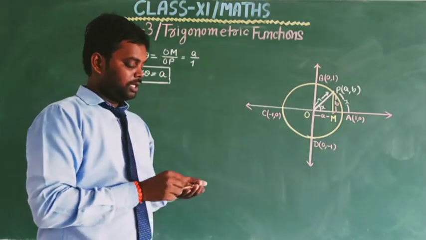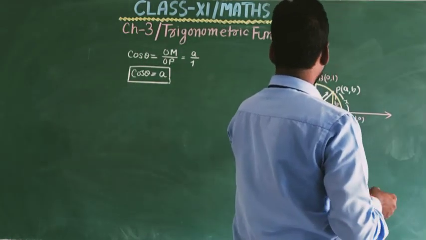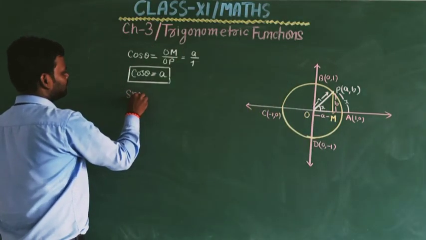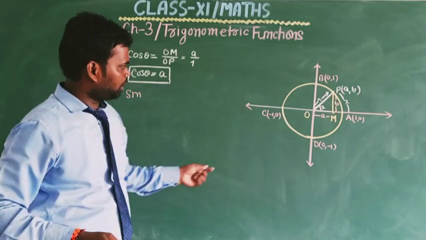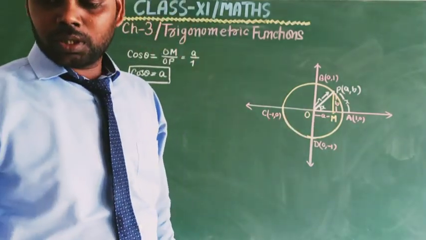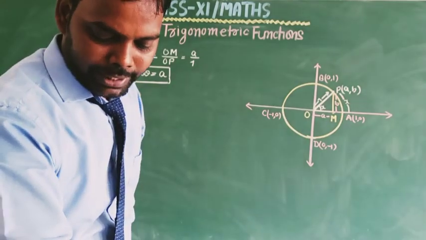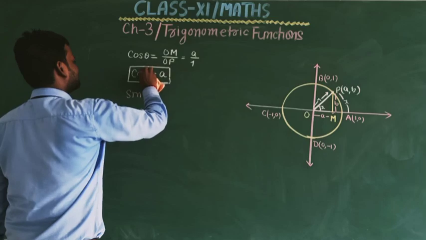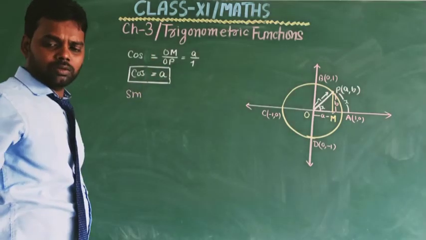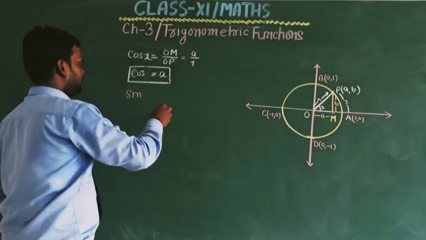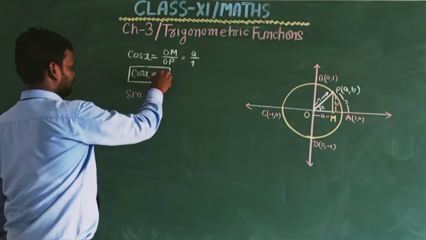Okay children, similarly taking sine. Here not theta, use x, because we are taking angle x. So cos x equals OM upon OP, and cos x equals a.